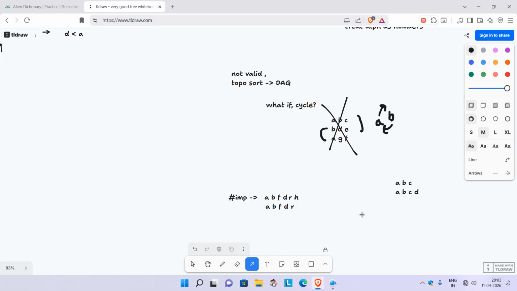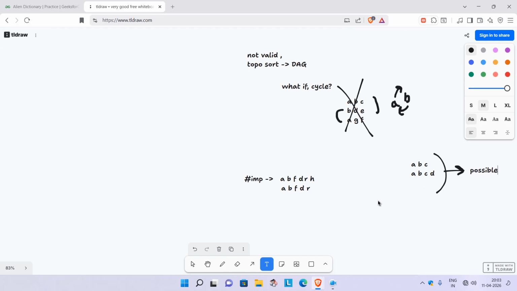So if I'm talking about this test case, it is possible as usual. But if I'm talking about this case, here it is not possible because we are extending past its limit, since the upper one ends here. You can say this is not possible.